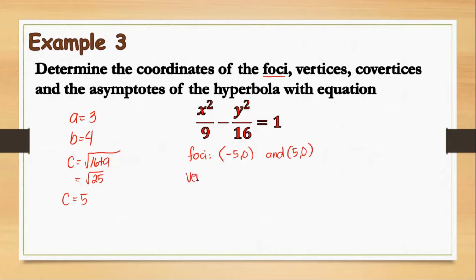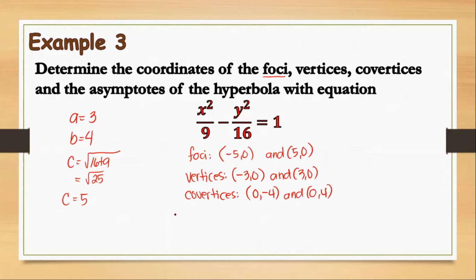The coordinates for our vertices will be at negative 3, 0, and 3, 0. Next, for our co-vertices, the coordinates will be 0, negative 4, and 0, 4. And lastly, our asymptotes.